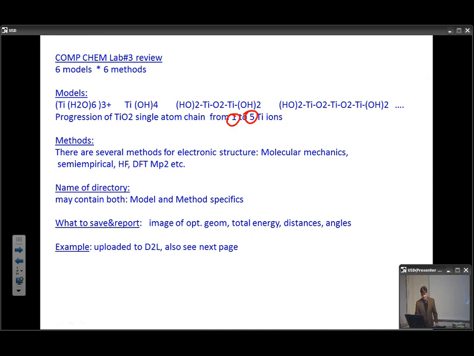It was important to set up directories in an organized way. That was the primary task. The computation is secondary. Primary is to organize directories.